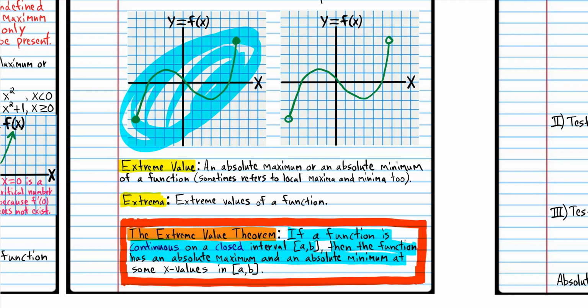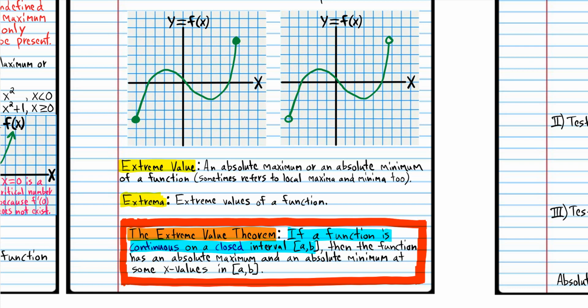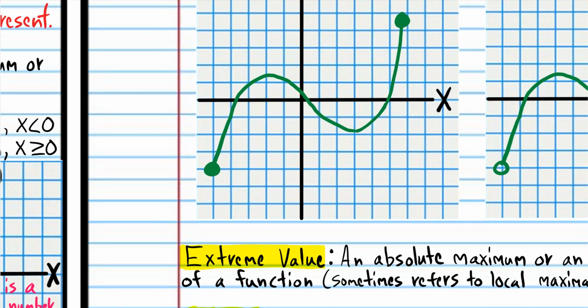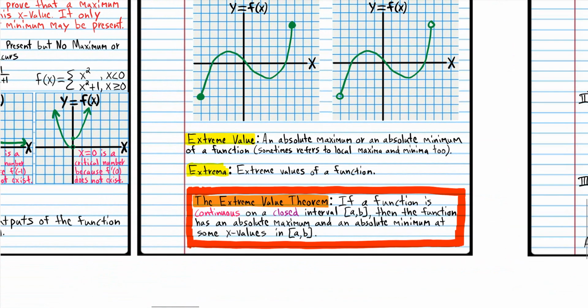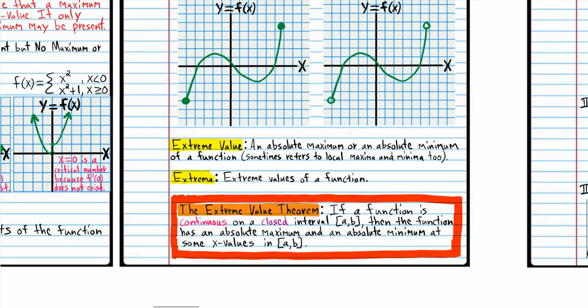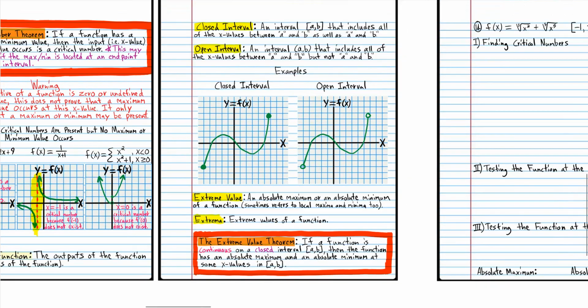When we say the maxima and the minima occur in a comma b, we're talking about those values occurring in that interval. So for example, this would be a, and whatever this x value would be, that would be b. So in that interval, there must be an absolute maximum and an absolute minimum. That's the extreme value theorem.